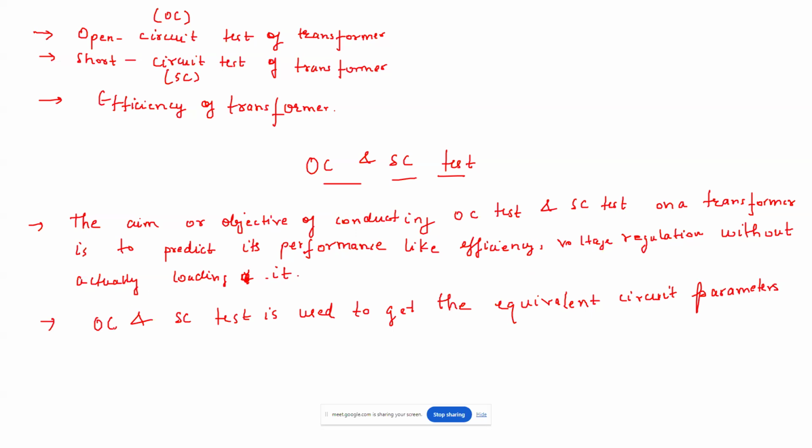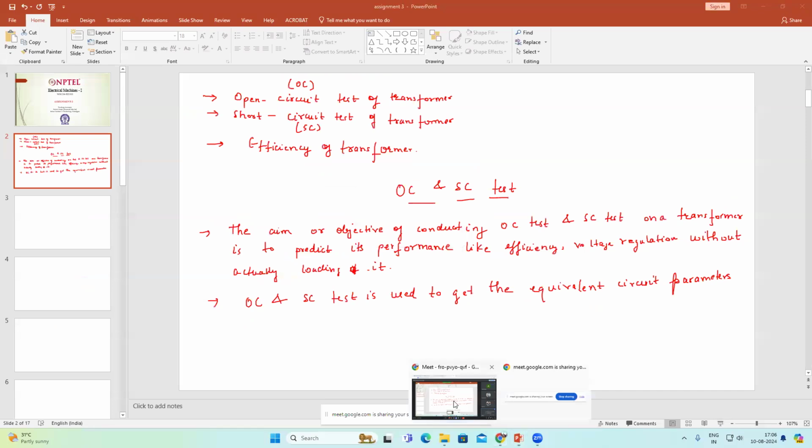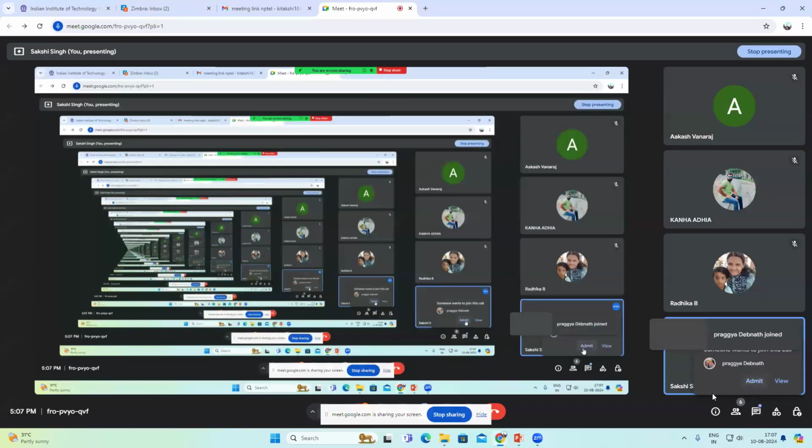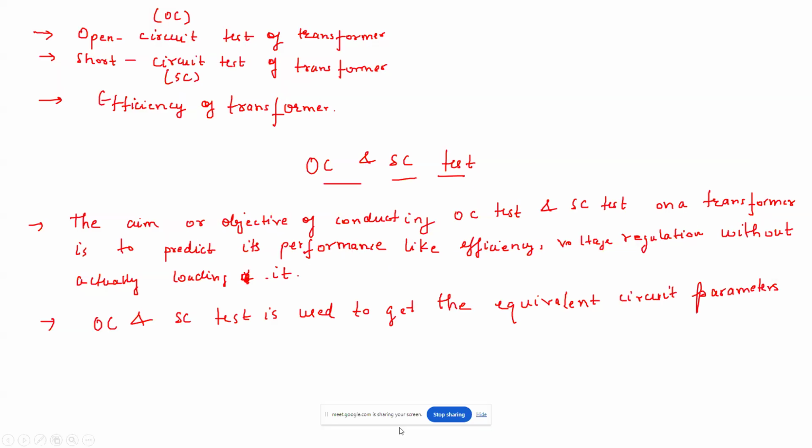In very informal language, if someone asks you what the OC and SC test is, you can say that the open circuit and short circuit test is used to get the equivalent circuit parameters.